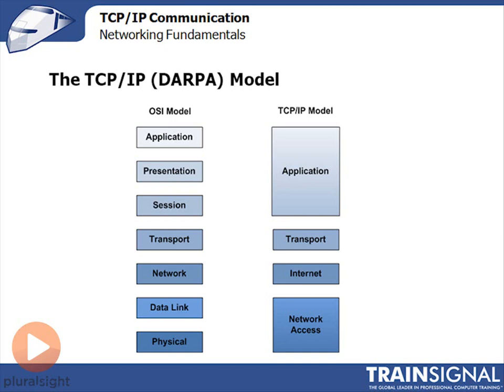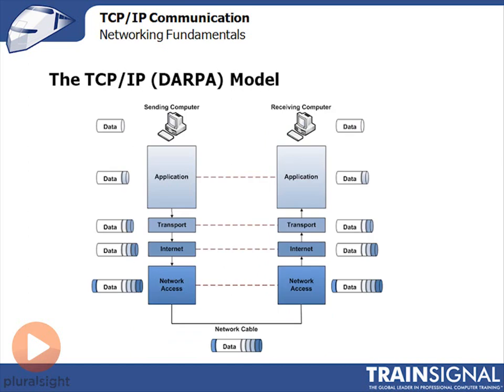But then we have the network access layer, which corresponds with the bottom 2 layers, both data link and physical, of the OSI model. So even though it's not an exact, precise one-to-one mapping, that's roughly how it maps to the OSI model. Not only do the layers relate to the OSI model, but the functionality is the same.